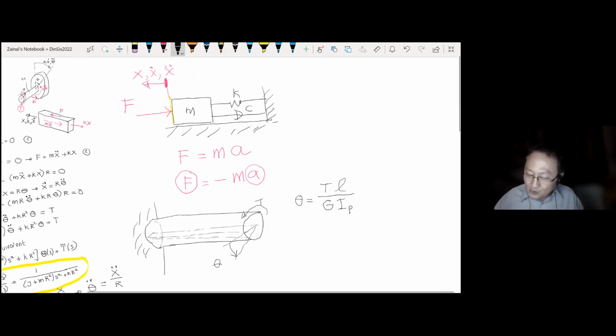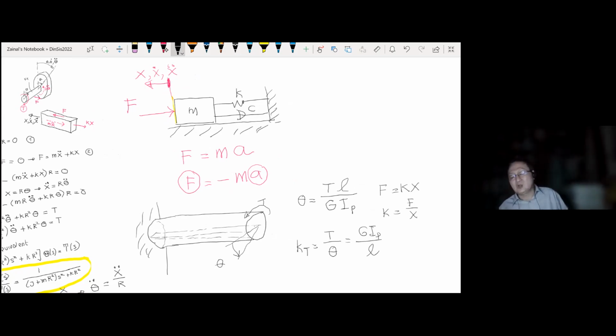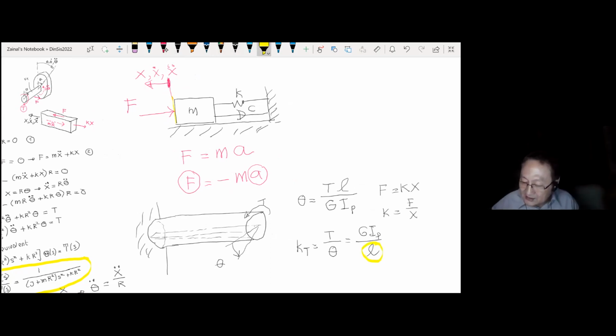Similar with F equal to Kx, so K is equal to F divided by X, right? KT is the same as T divided by theta. In this case, it becomes G I P divided by L. So the shorter the length, the stiffer the rod.